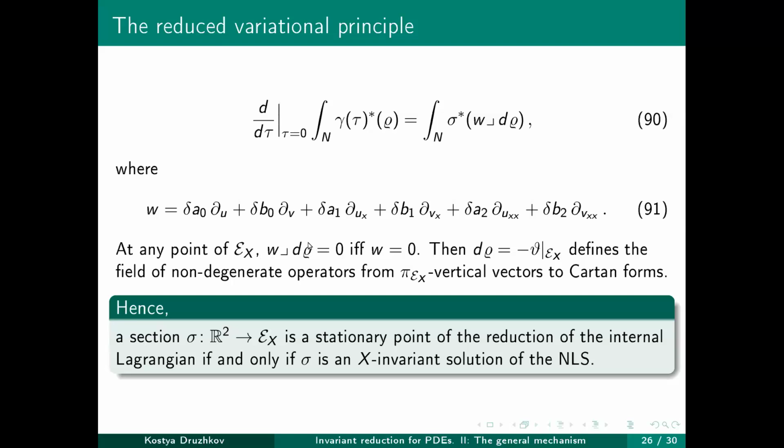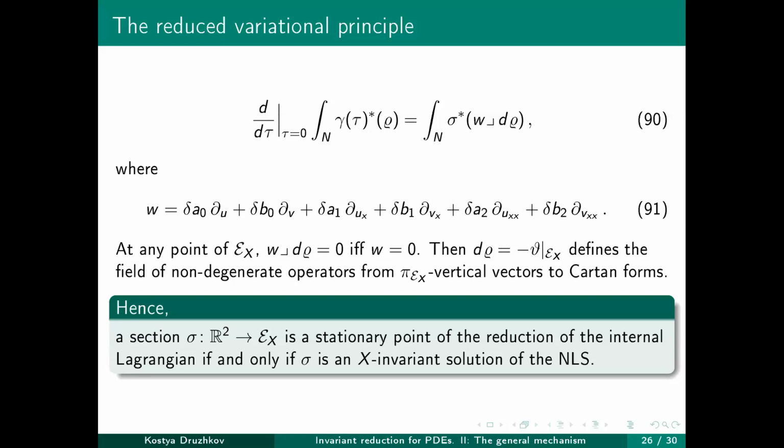Or we can just consider the form itself without any variation fields and establish its non-degeneracy. So the form defines a field of non-degenerate operators from vertical vectors to Cartan forms. Hence, a section is the stationary point of the reduction of the internal Lagrangian if and only if it is an invariant solution of the NLS.